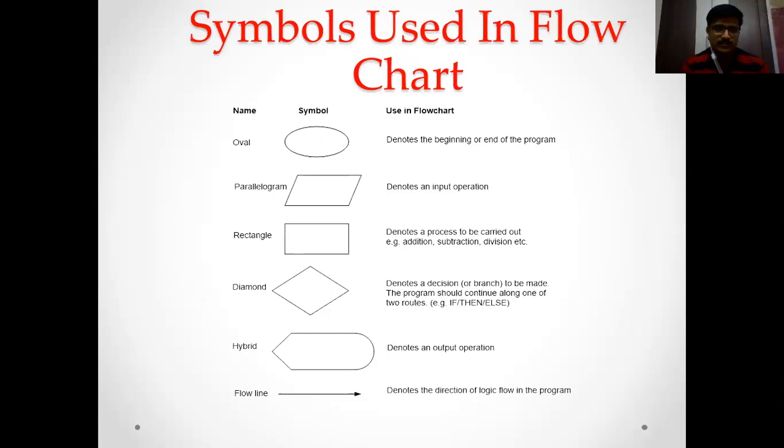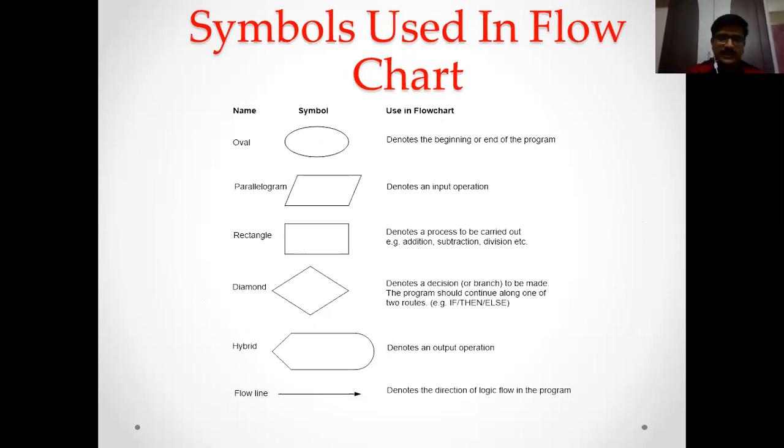These are the symbols, and these are universal symbols. We cannot replace one symbol with another, or impart any other symbol in place of these. Firstly, the oval denotes the start and stop of the program, or the begin or the end of the program. The parallelogram denotes the input operation.